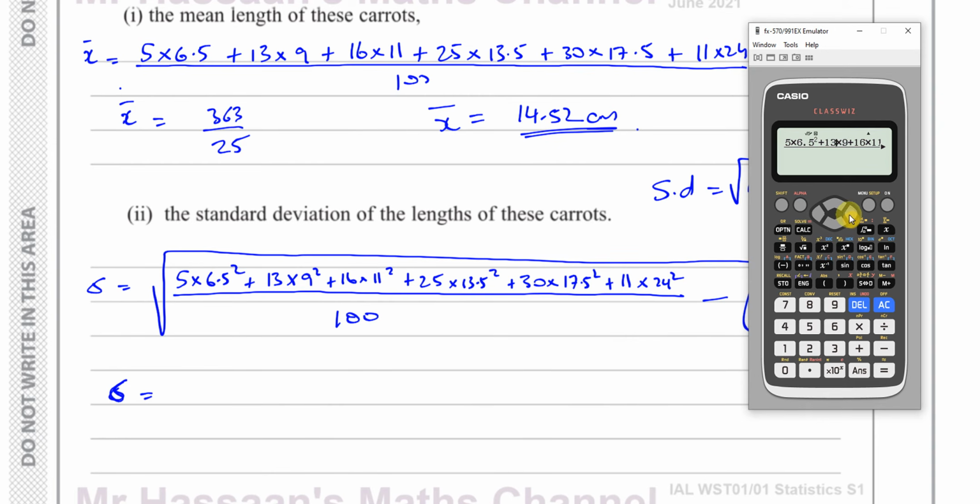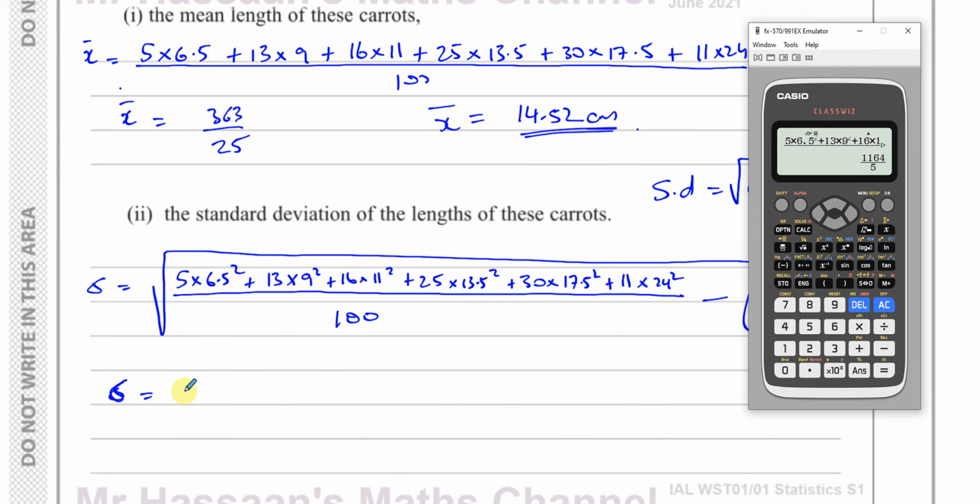Okay, that'll work. 13 times 9 squared, sorry. 16 times 11, square the 11. 25 times 13.5, square the 13.5. 30 times 17.5, square the 17.5. 11 times 24, square the 24. Divided by 100.